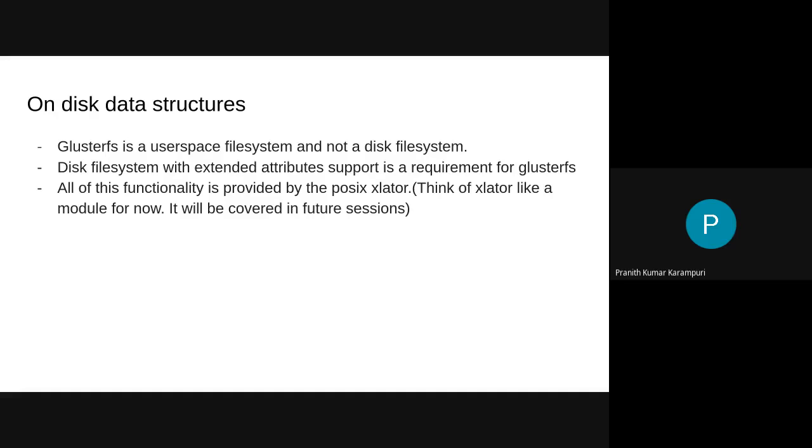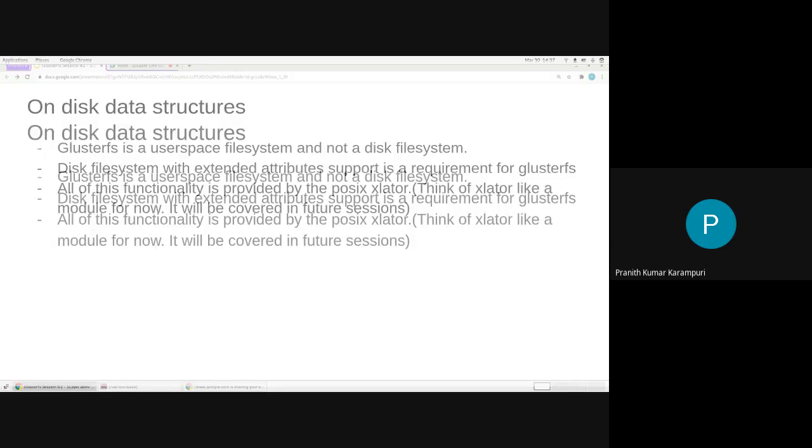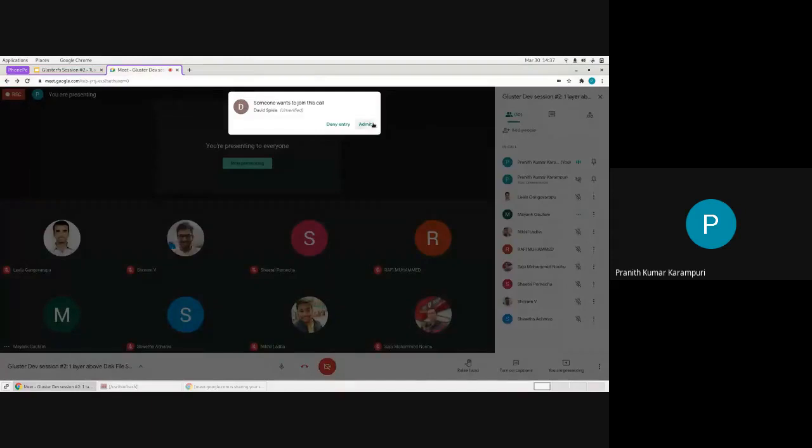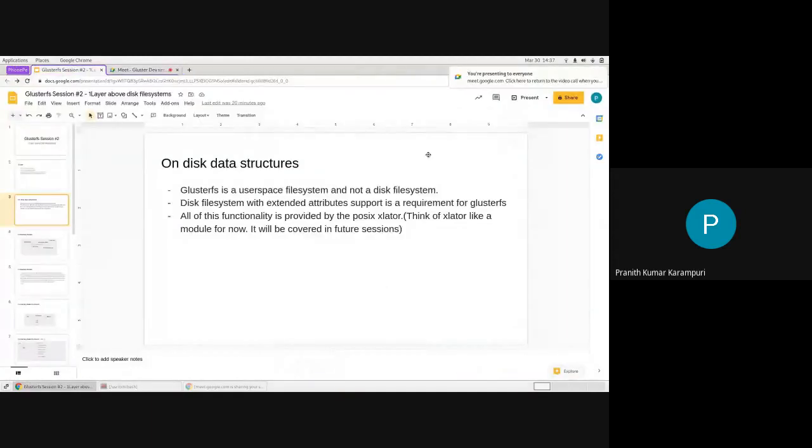So GlusterFS is going to manipulate the files or directories on these disk file systems. Wherever GlusterFS needs to store some extra attributes, it will store them as extended attributes.